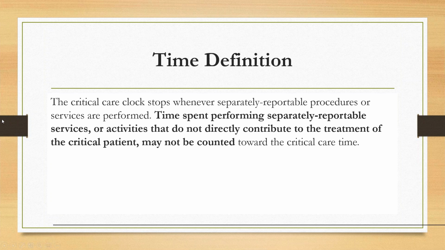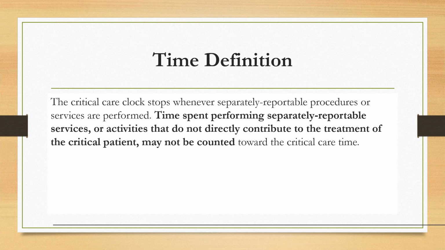The critical care clock stops, though, whenever separately reported procedures are performed. So if for some reason a patient is coding in the ICU, you can't count the amount of time when you're billing for your CPR. So if you're running a code, that's 92950. So the time that you're running the code has to be exclusive of your critical care time.